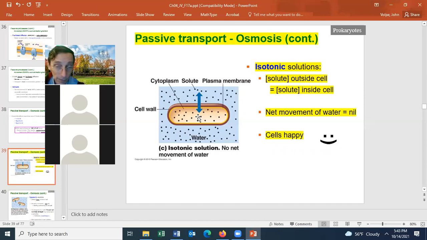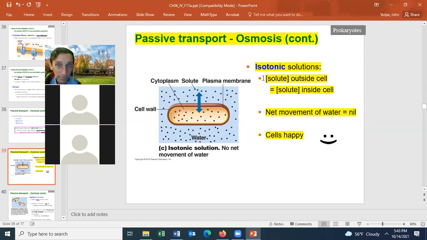While we're saying no net movement of water, it doesn't mean that a water molecule never moves from outside the cell to inside the cell. But if one does move inside the cell, another water molecule from inside the cell moves outside. So there's no net movement of water when the cell is in an isotonic solution.